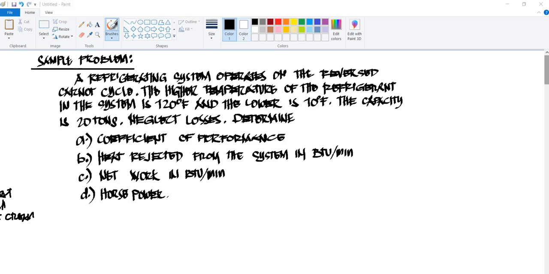Take note, that is not weight. Those tons are refrigerating capacity or refrigerating load. When you say tons, that is tons of refrigerant, not tons of weight. They are different, so take note of that one, class. Neglect the losses, and determine A, the coefficient of performance, B, the heat rejected from the system in BTU per minute, C, the net work in BTU per minute, and D, the horsepower.